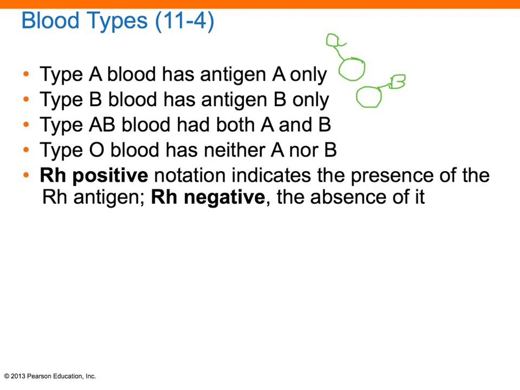If you are type AB blood, that means that your cell had both A and B antigens on the cell's membrane. If you are type O, that means that you do not have A or B connected to your cell's membrane. Rh positive means that you have the Rh antigen, and if you are Rh negative, then that means that you do not have the Rh antigen.